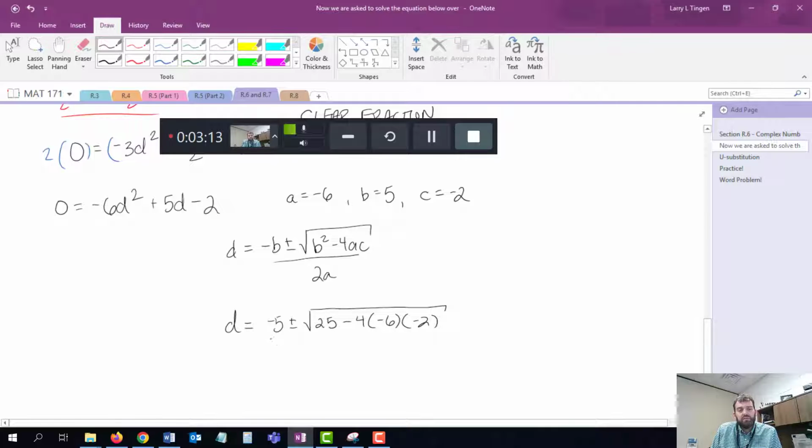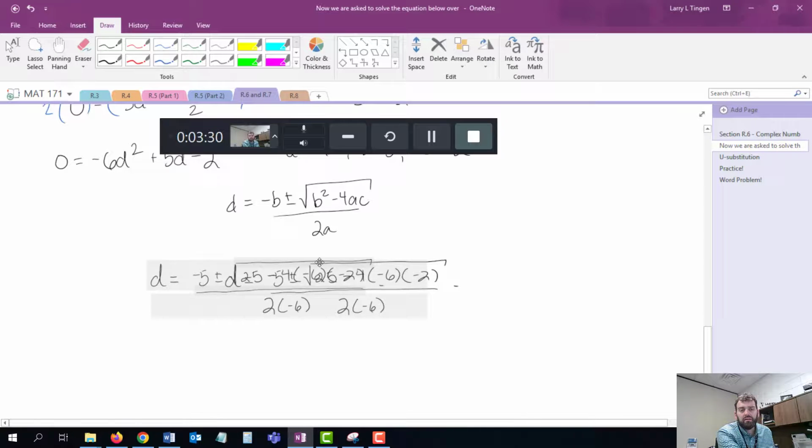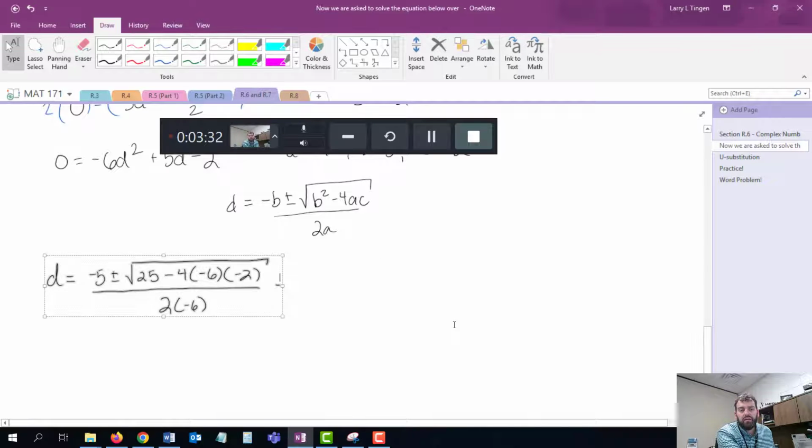I haven't seen one of these. All right, and we know we're in the complex portion, so that's kind of what we expect to happen here. I'm just gonna see if it'll let me grab and scoot so I can give myself a little bit more space on the right.